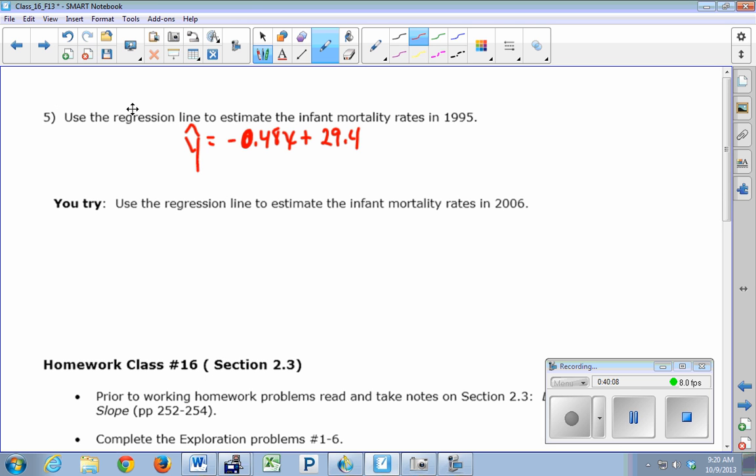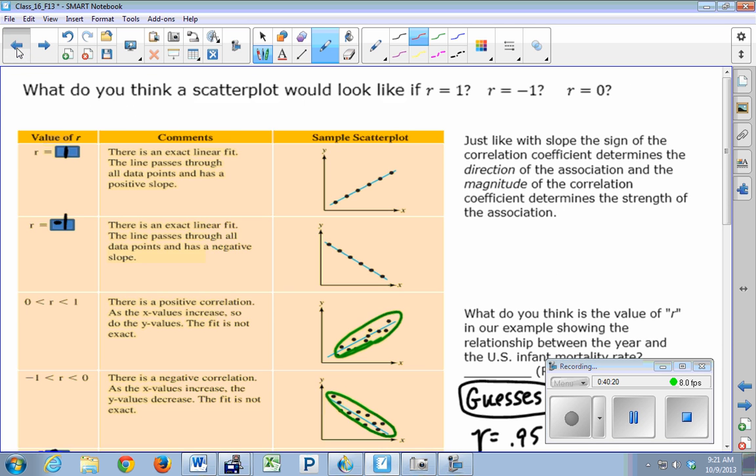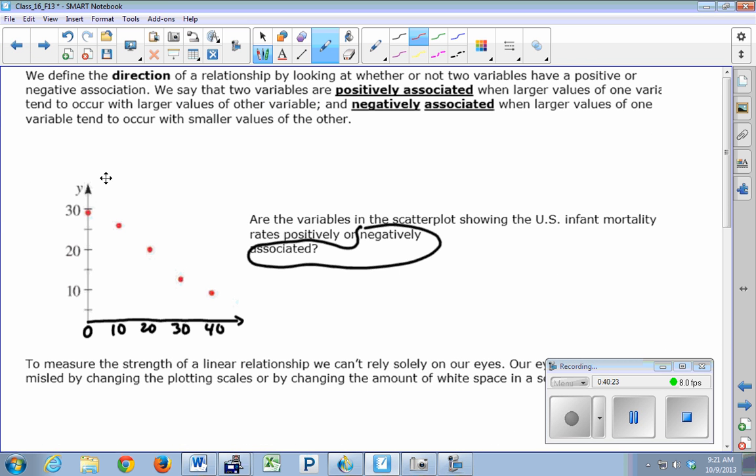We want to use this regression line to estimate infant mortality rates in 1995. Why am I using the word estimate versus predict? Did you catch that at the beginning of the class when I said it? We're already past 1995, and your data goes from 1950 to 2000. So 1995 is halfway between the two decades, 1990 and 2000.